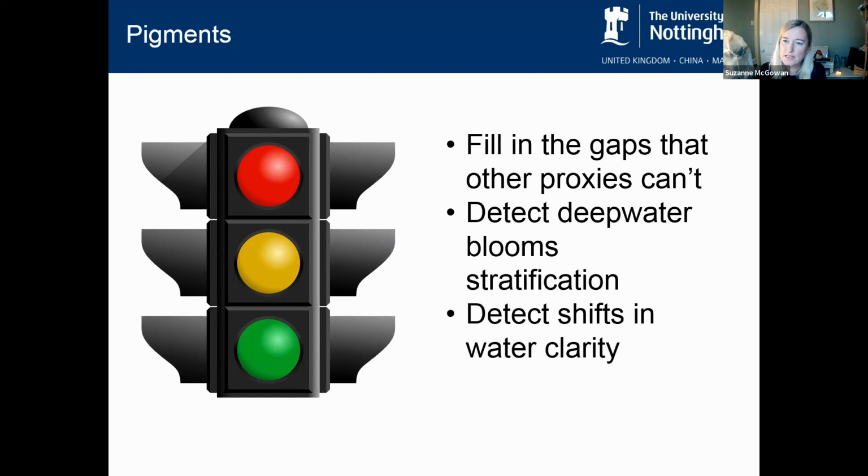They're very good at detecting deep water blooms, and this can be really useful for thinking about changes in lake stratification related to climate shifts, for example. They're really good at detecting shifts in lake water clarity, and there are lots of applications in that area related to shifts in DOM and all the things that are going on in that area at the moment.